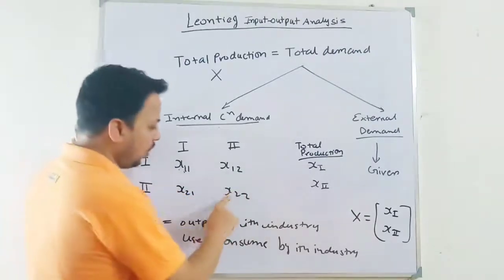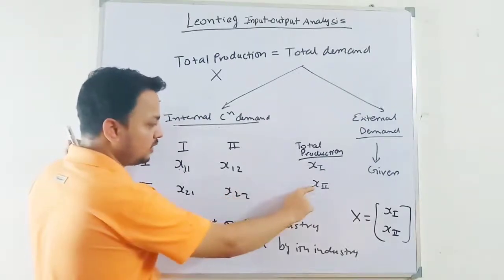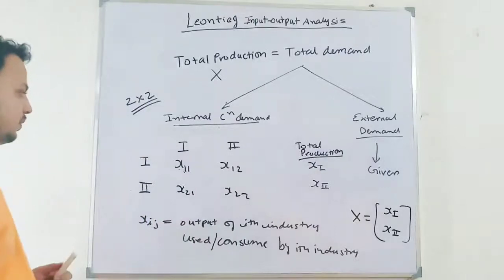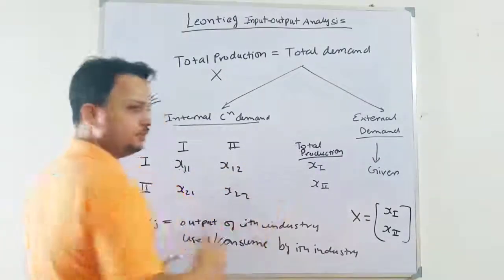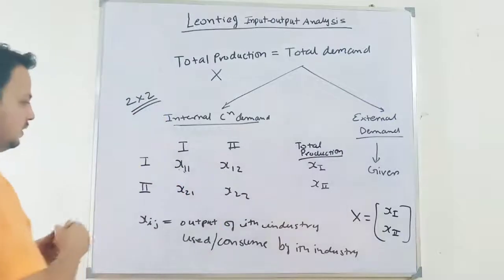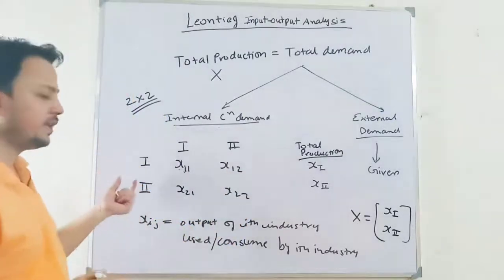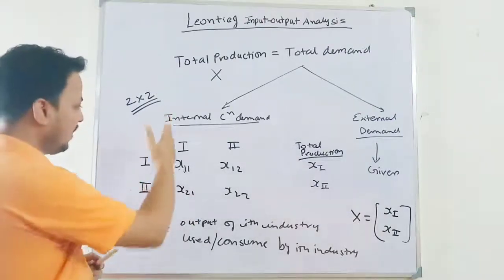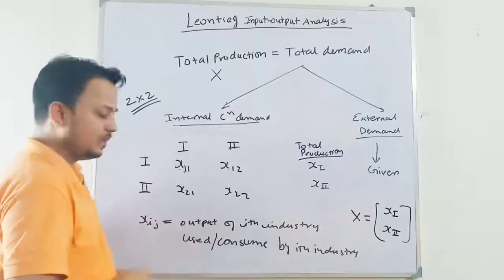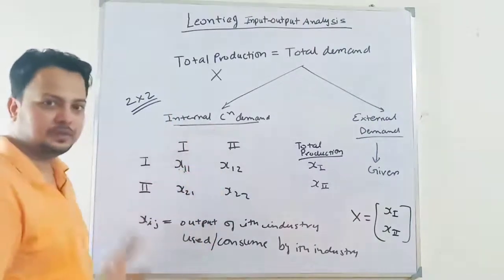Output of the second industry used by the second industry in order to produce final output, it is this one. So when we look at a row, it represents production of the respective industry. When we look at a column, it represents consumption of the respective industry. That will be clear.